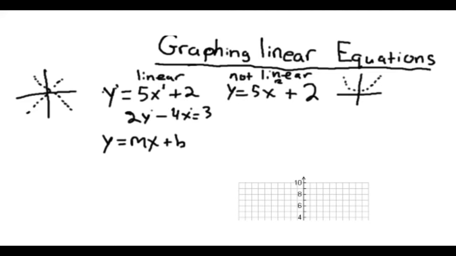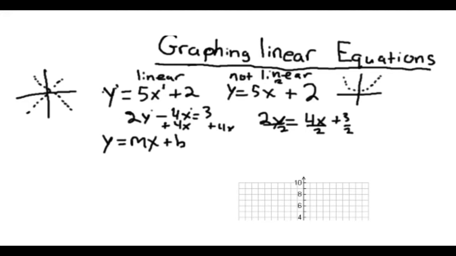So first I'm going to try solving for y. I'm going to start off by adding 4x on both sides. So then that gives you 2y is equal to positive 4x plus 3. And now I'm going to divide everything by 2. And whatever you do to one side of the equation, you do to the other side.